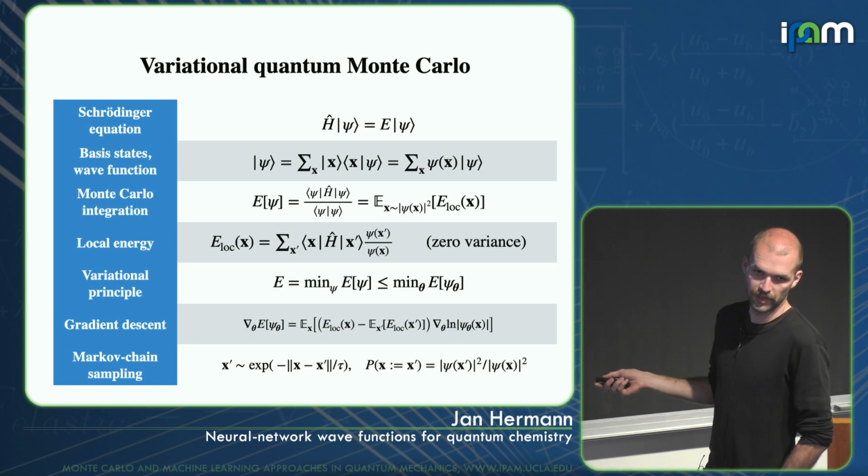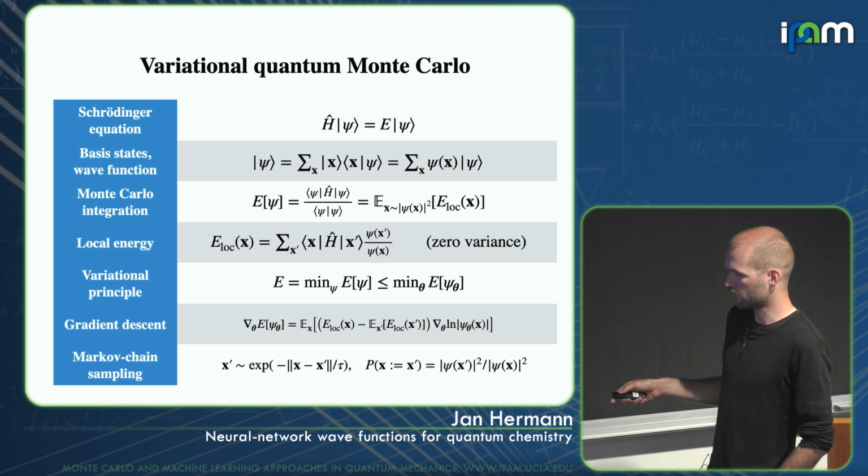And then you want to minimize, right? So you probably want gradients of the energy. And it turns out that's also easy to evaluate with sampling. You just need the local energy that you already have, and then you just have to calculate the gradient of the wave function, or the logarithm of the wave function. And then an expectation value over that gives you the gradient.